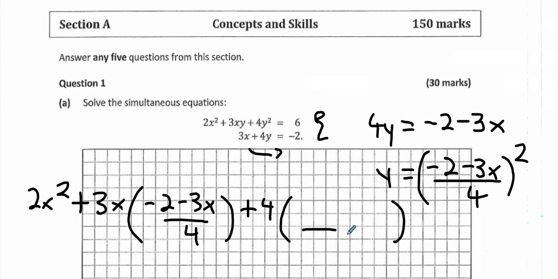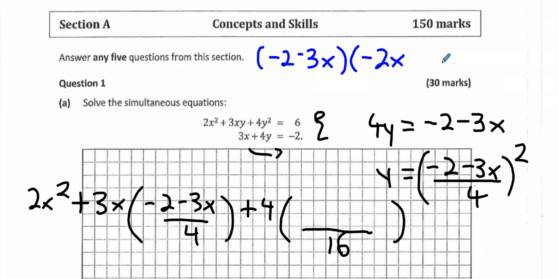4 squared on the bottom is going to be 16. Is that okay? And when I'm squaring out the top, it's minus 2 minus 3x multiplied by another minus 2 minus 3x. Is that okay? So what's that? Minus 2 by minus 2? 4.